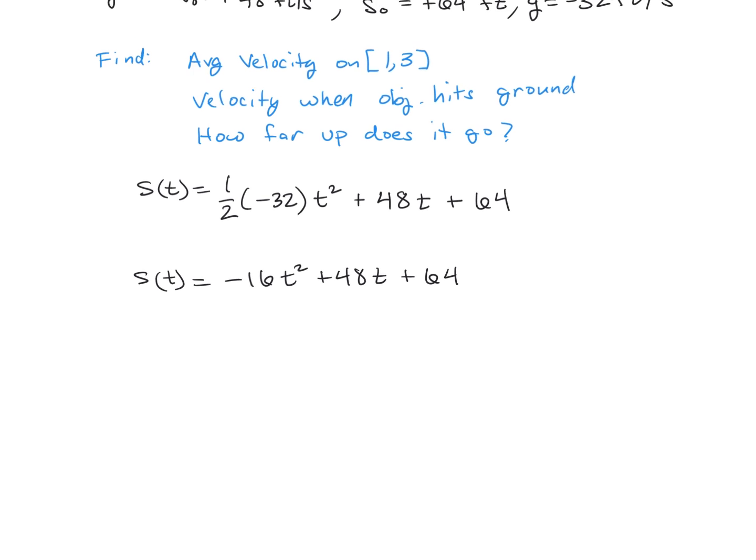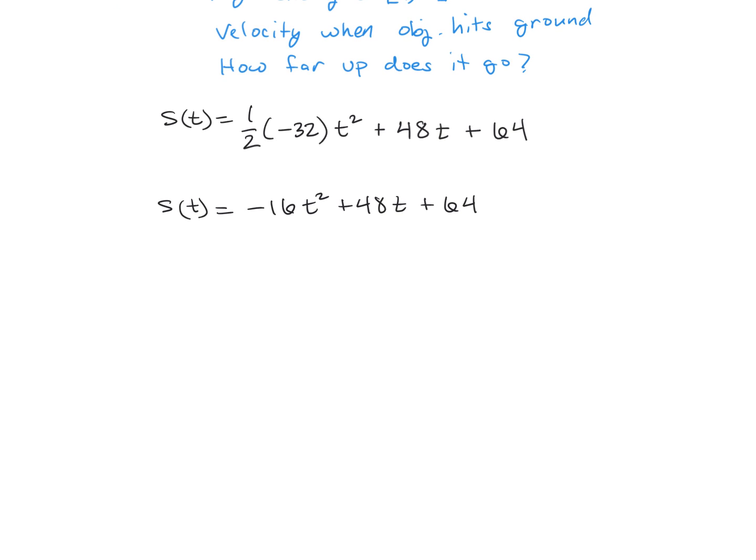First thing we want to find here is the average velocity. So to find our average velocity, we're going to look at the slope of our secant line, or average rate of change, and it's going to be s of our final time, which is 3, minus s of 1, divided by 3 minus 1.